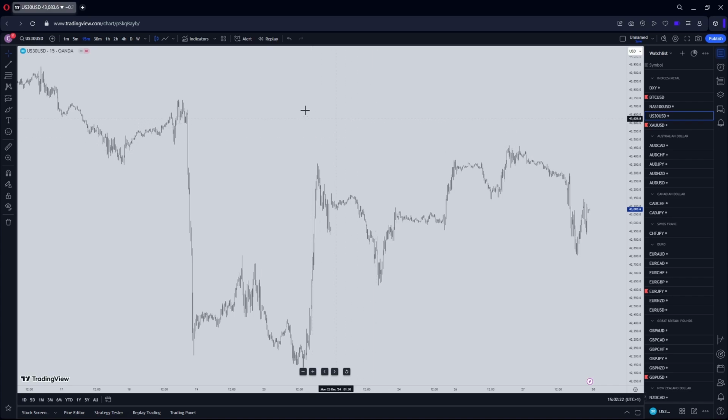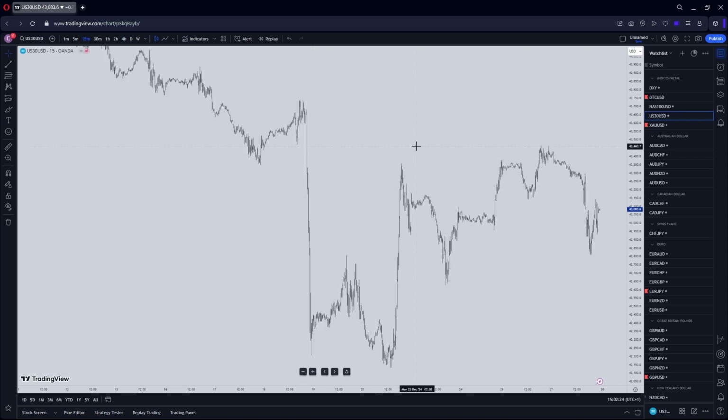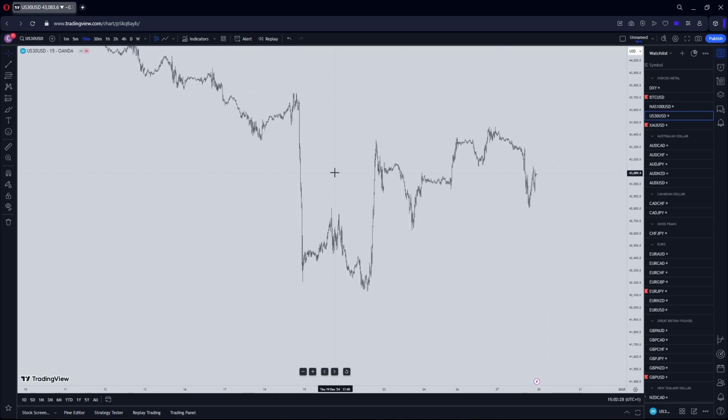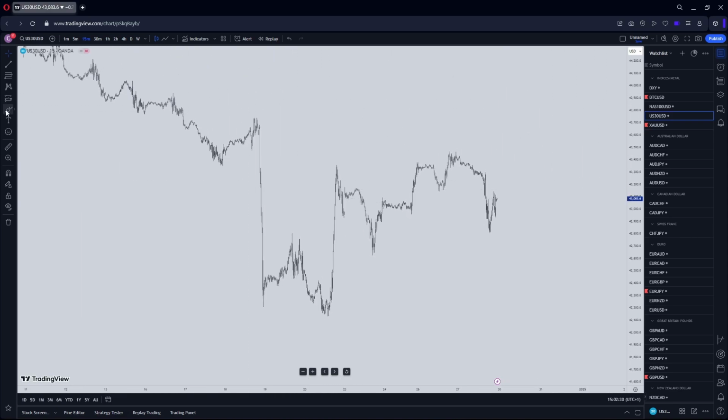Now, let me explain something here. When price is going in a downtrend, it can also change to an uptrend. Now, if you look at this, let's label all this. This is high, high, high, high, low.